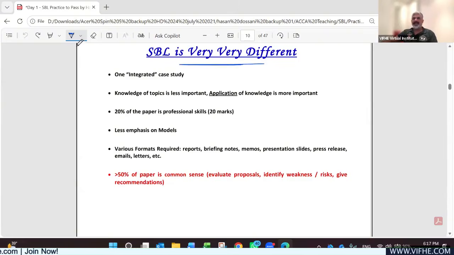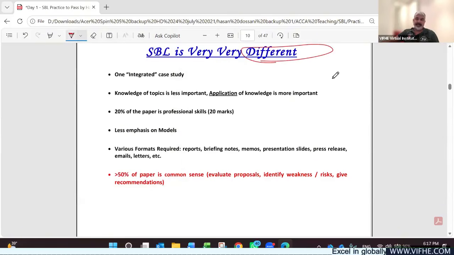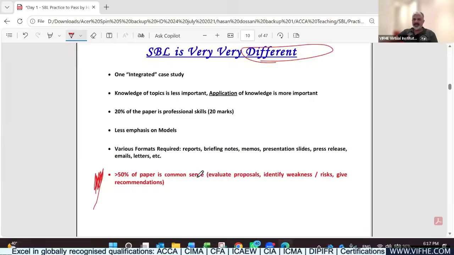SBL is very, very different. It's not difficult. It is very, very different. Different from what? Different from all your other professional papers. I don't want to go into the specifics, but this one is very different. One of the differences I want to point out is that more than 50% of your paper is common sense.